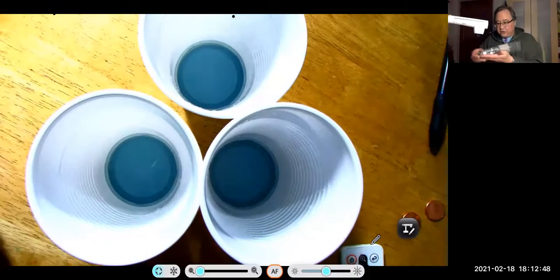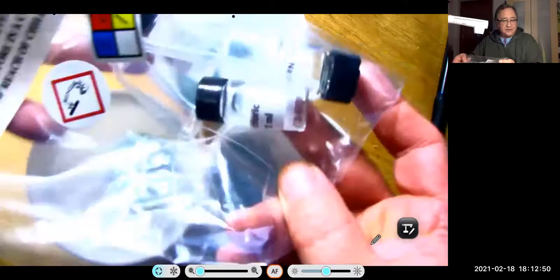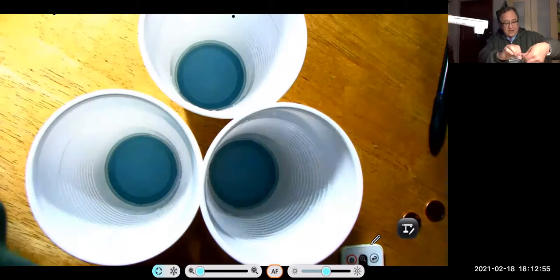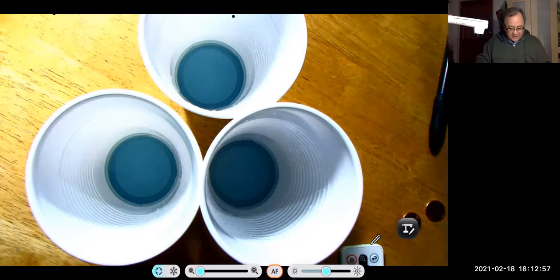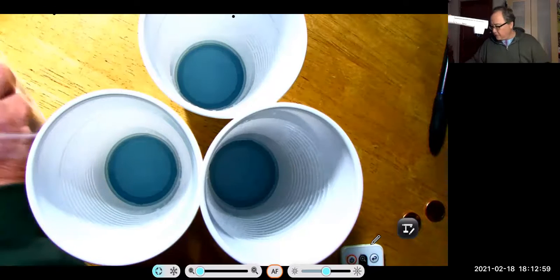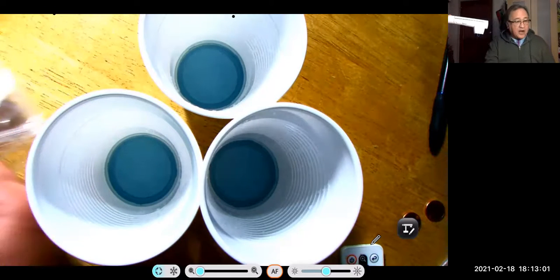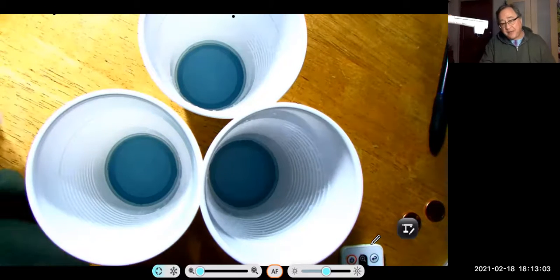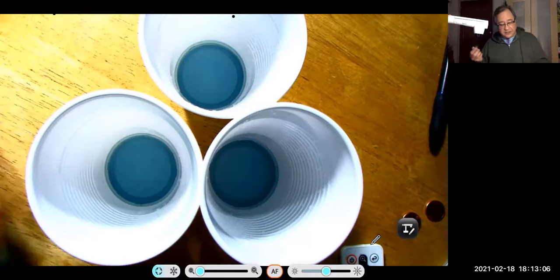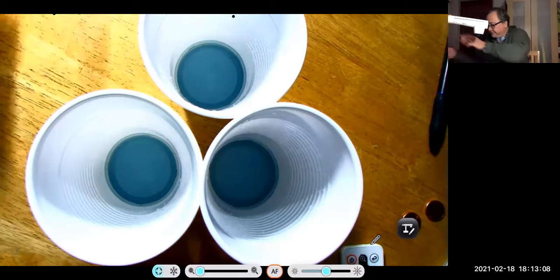Okay, so you should have your bag of stuff from the acid-base reaction. When you open this up, you want to make sure you keep track of what's what. You have 3 pipettes and you have 3 containers of acids and bases.